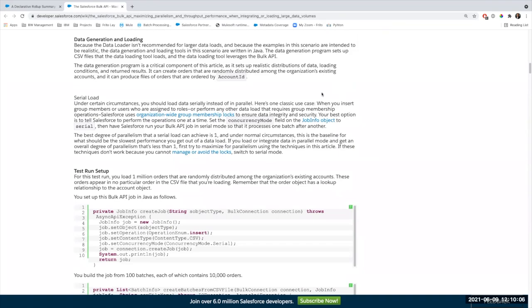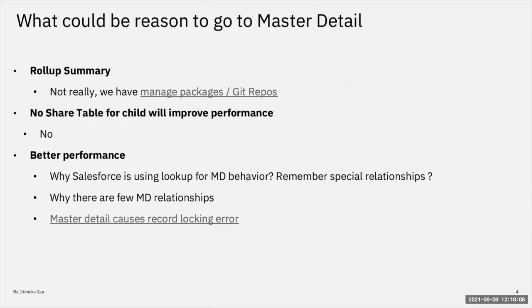Now the question comes: if everything is possible with the lookup relationship, why do we need a master detail? In my opinion, the only reason you should go with the master detail relationship is when there is a clear-cut sharing requirement and a little bit of a touch of roll-up summary field. In my mocks till this point, to be honest, I have not seen any scenario like laptop to school or greenhouse recycle, etc., where I went with master detail for my custom objects.